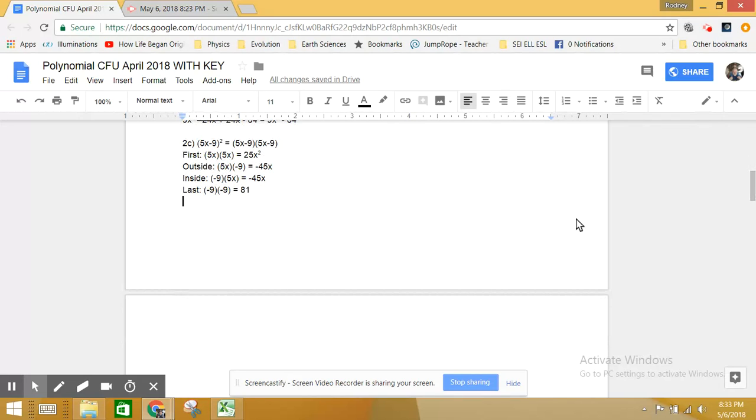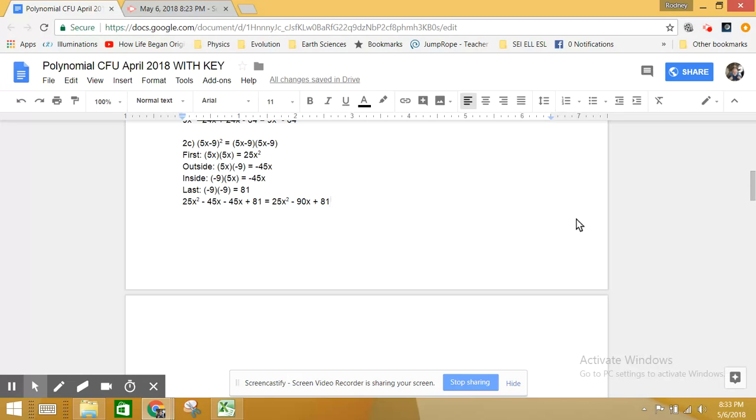Okay, so I'm going to put that all together, and I will have 25x squared minus 45x minus 45x plus 81. And the negative 45x and the negative 45x combine, and that will be 25x squared minus 90x plus 81.